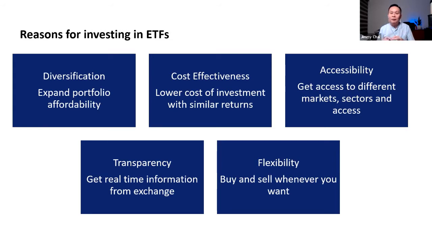Investing individually and putting a portfolio together takes time and is very expensive because every transaction will incur a brokerage charge. Whereas in ETF, when you buy in a basket, it's basically one price for all. So it's very, very cost effective.